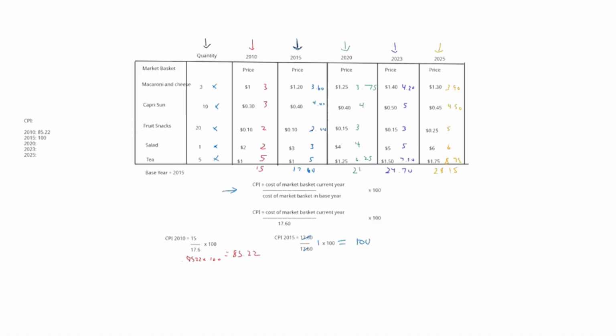So now that we have all of our market basket costs, we can now calculate the remaining 3 CPIs, and then we can use that to calculate the inflation rates between all these years. So CPI 2020 is going to be equal to 21 divided by 1760 times 100.